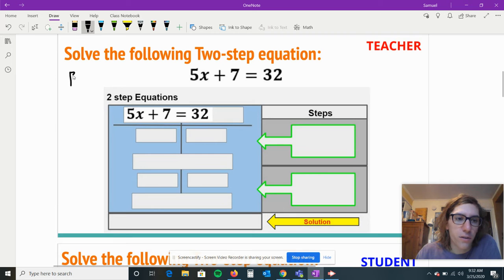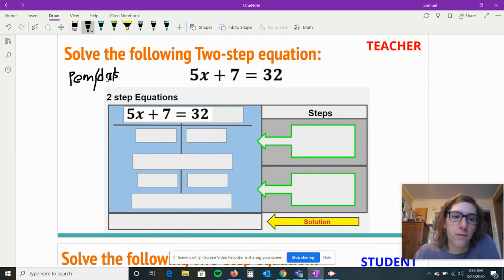If we remember PEMDAS, which is our order of operations normally: parentheses, exponents, multiplication, division, addition, subtraction. It's really parentheses first, then exponents, then multiplication and division, addition and subtraction, those at the same time.